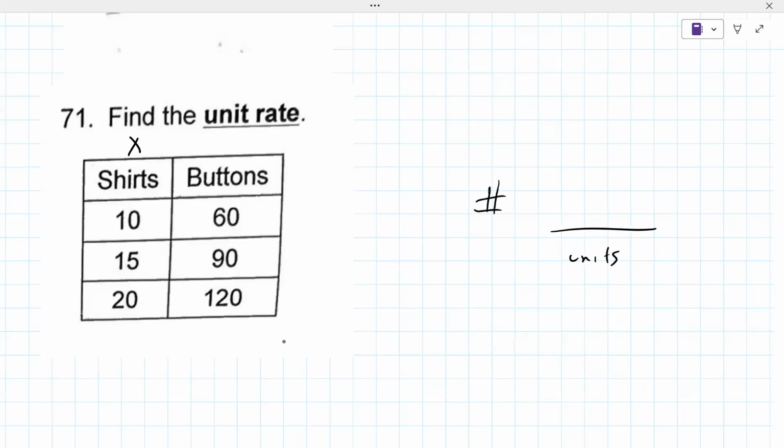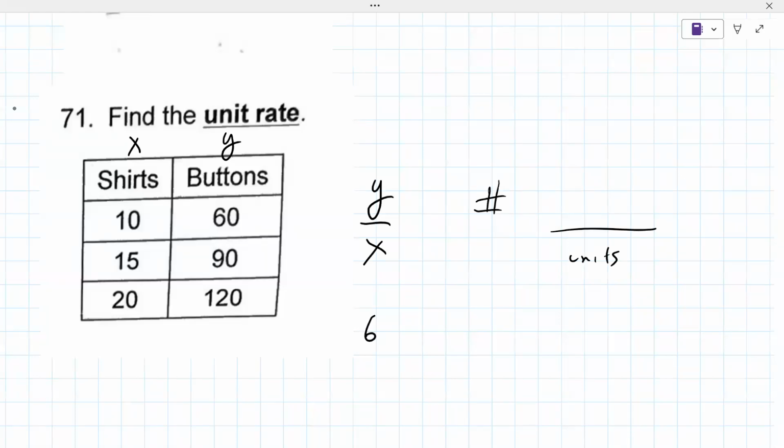And typically it's the y over the x. 30 buttons per each shirt.